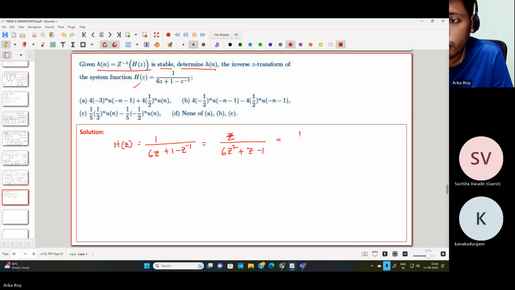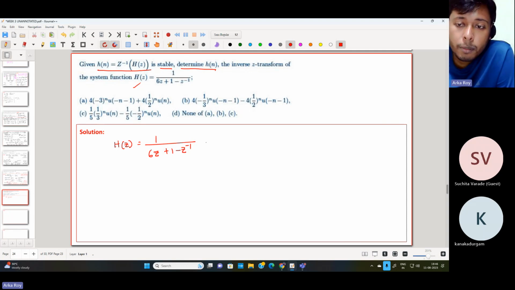Okay, let me just solve it in a different way. In z transform questions, if we have to solve the inverse z transform, the common practice is to divide by some factor which is the same as the z factor. The z factor over here is 6z. So we'll be dividing this thing with 1 upon 6z.